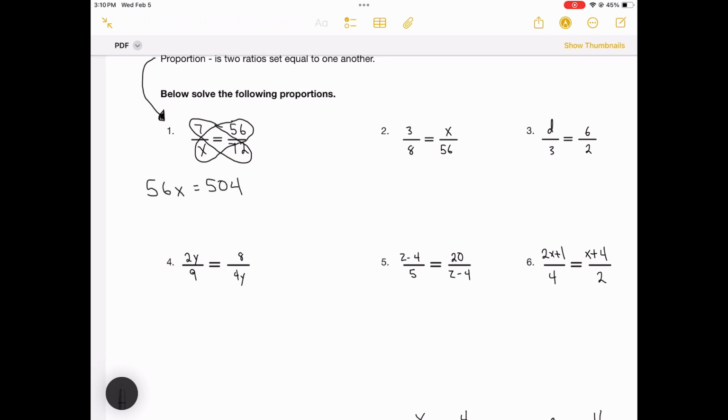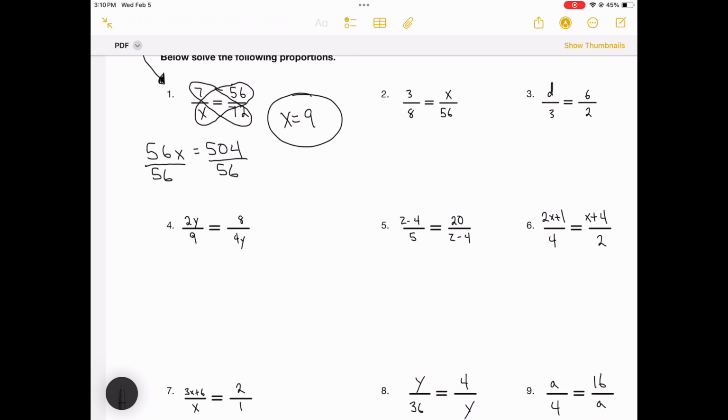Divide by 56 on both sides. And then we're going to get x equals 9. We talked about this the other day, but there it is, just in case you forgot.